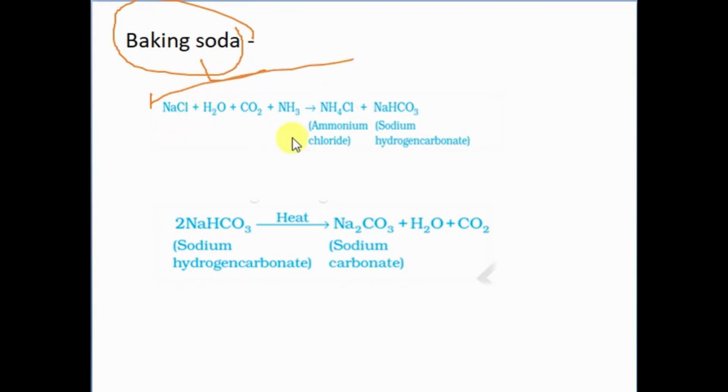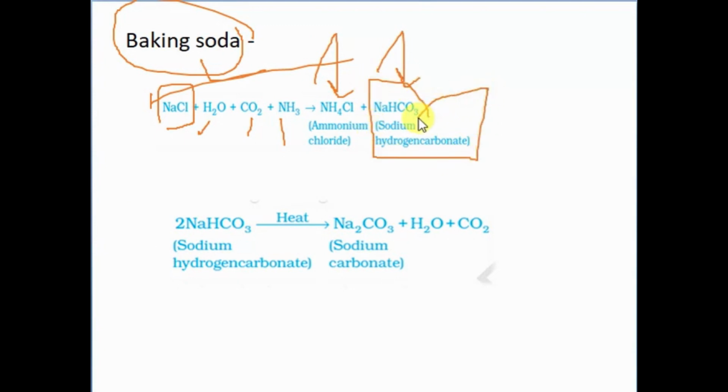And here is how it is formed. So when NaCl reacts with H2O, CO2 and NH3, it will form ammonium chloride and sodium hydrogen carbonate. Okay, this sodium hydrogen carbonate is called baking soda.